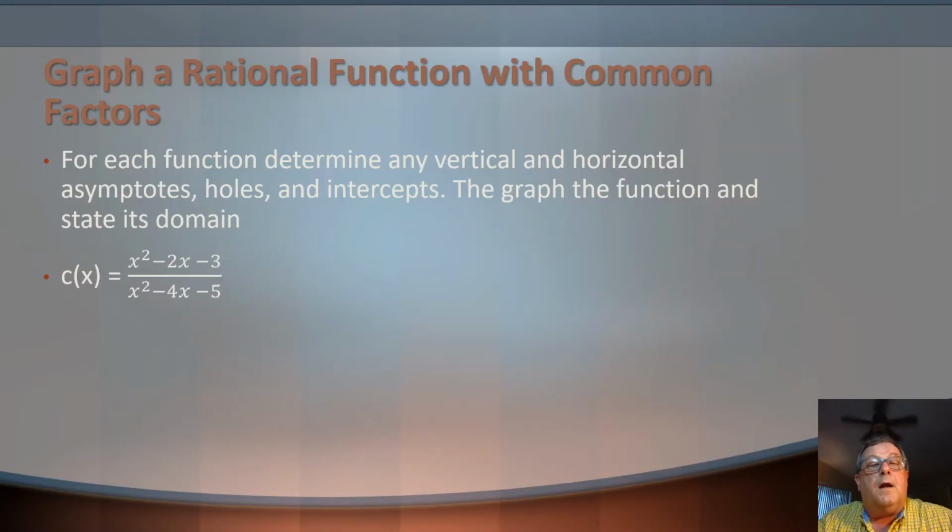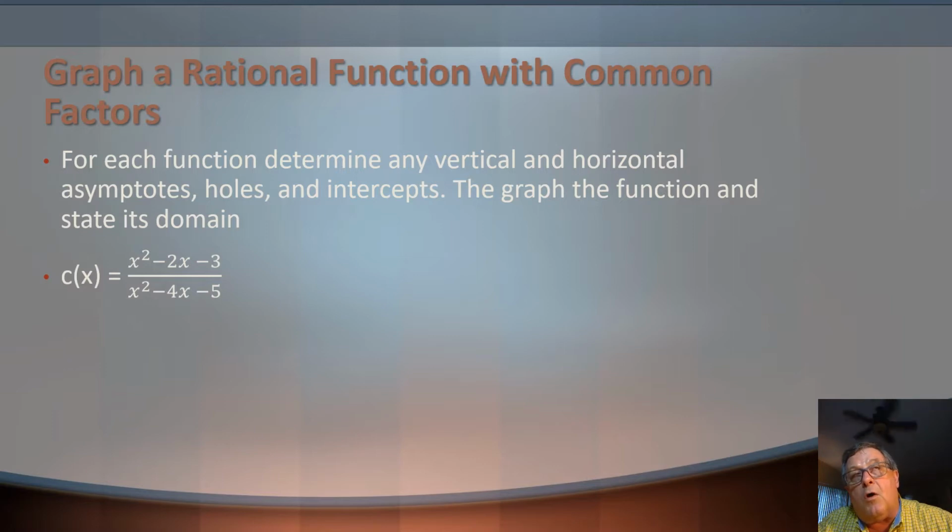All right, we've got another function here. We're supposed to determine the vertical and horizontal asymptotes, the holes, and the intercepts, then graph it and state the domain. Let's start with the horizontal asymptote. Again, the same situation: my leading term in the numerator is x squared, and in the denominator it's x squared. That's 1 over 1, looking at the coefficients.